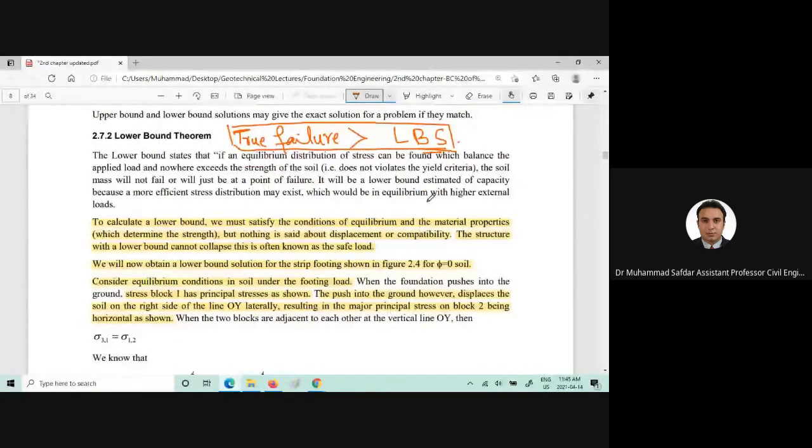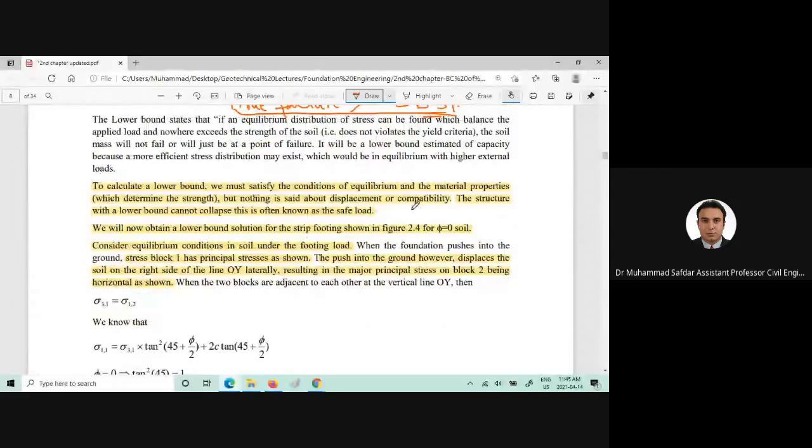Now, to calculate the lower bound, we must satisfy the condition of the equilibrium, or we can say the shear failure, and we don't worry about the displacement or the compatibility of the system.